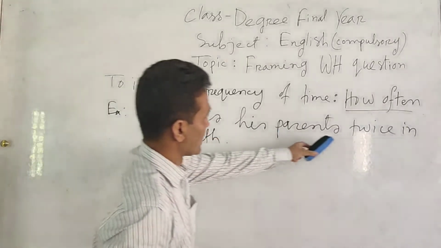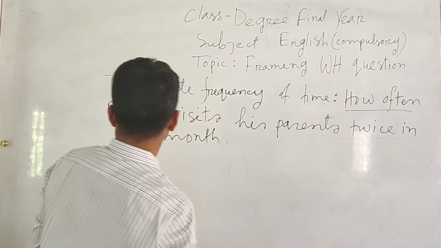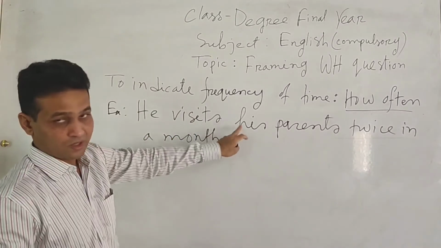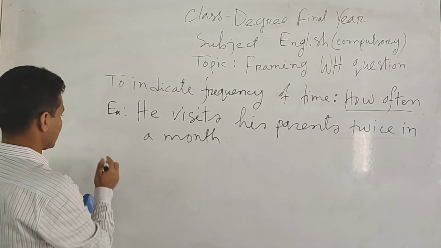He visits his parents twice in a month. That means how often. To form a WH question from this sentence, you have to use how often, of course.